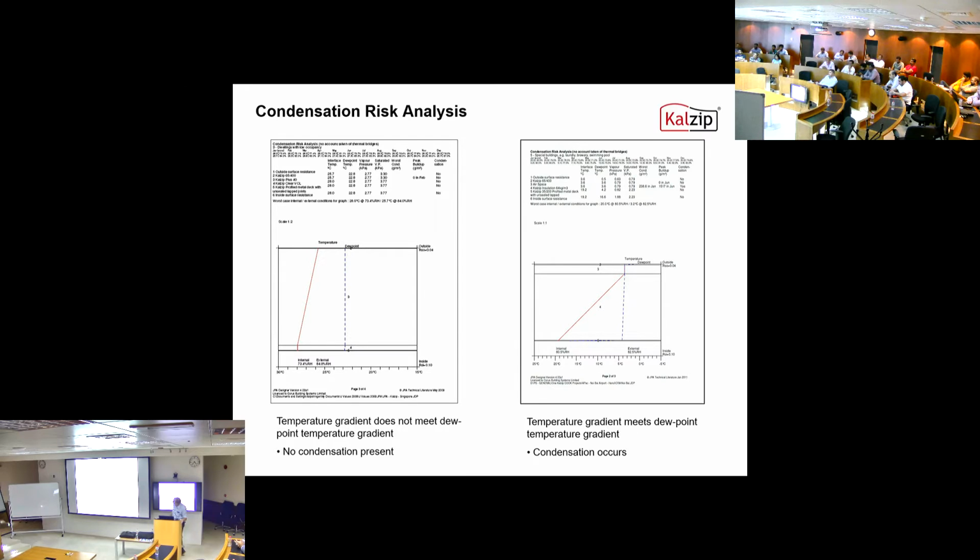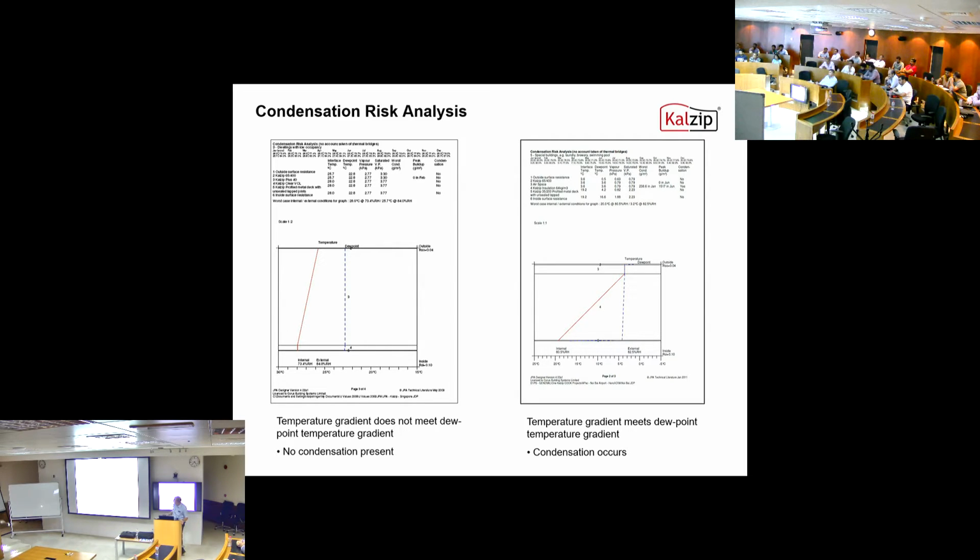This is a software tool that we have. And this is just a comparison to show you. So what's happened here? This is the dew point, this is the temperature. It's getting cooler. Do you think that's where condensation is forming?